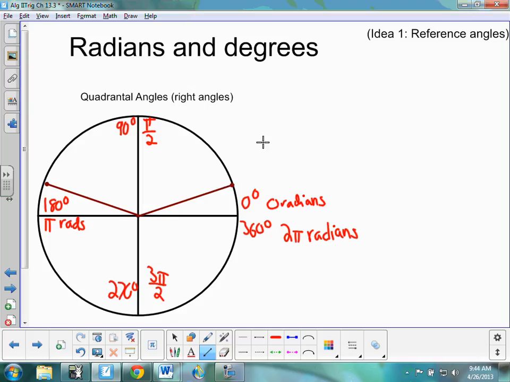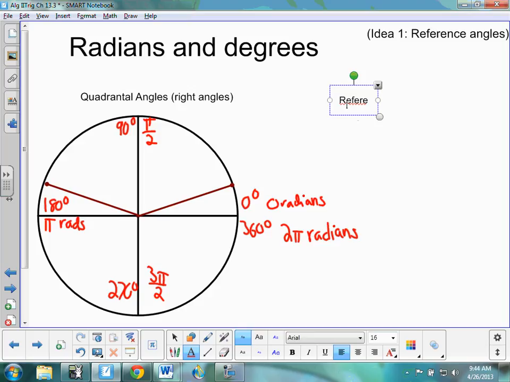So if you have an angle that's 150 degrees, you can treat it like it's a 30-degree angle, because you're basically finding this angle from this quadrantal or this quadrantal. These are called reference angles. A reference angle is how you take angles that aren't in quadrant 1 and treat them like they're in quadrant 1. We'll talk about that for a while.